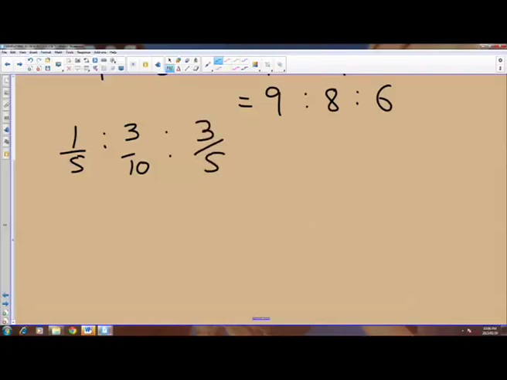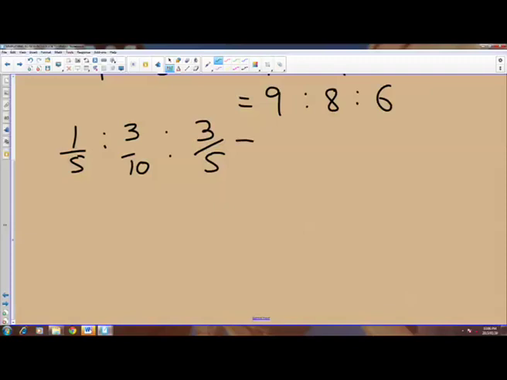We've got denominators 5, 10, and 5. We now have to look for the lowest common multiple of 5, 10, and 5. That lowest common multiple is 10. So 10 is the lowest common multiple of 5, 10, and 5.